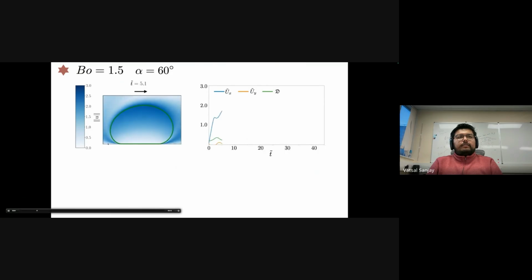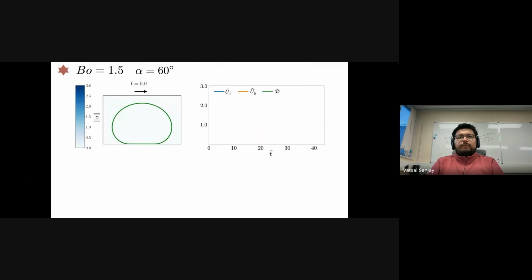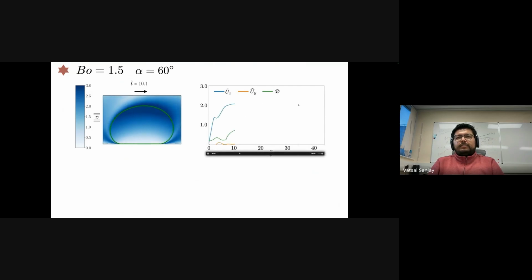The darker the color is, the higher is the velocity or speed magnitude, and this drop is moving towards the right. You can notice once again that after the initial transients, the drop takes a constant velocity, consistent with the picture below, which is basically this plateau over there. The shape also goes to a constant value, so the shape is also invariant in time once we have gone past the initial transients.